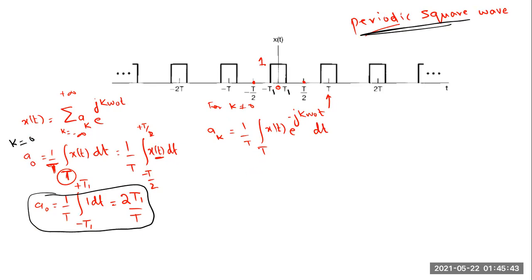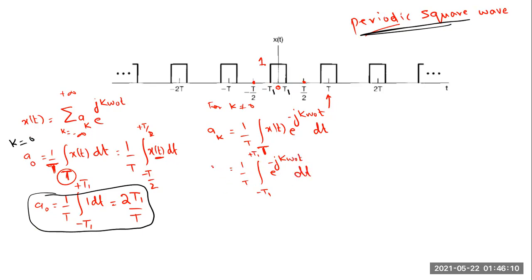Again, we have to integrate over an interval equal to one period. And again, for my convenience, I will take this interval minus T by 2 to plus T by 2. As a result, we only need to integrate between this interval where the signal is non-zero and it is equal to 1. We will be left only with this thing.